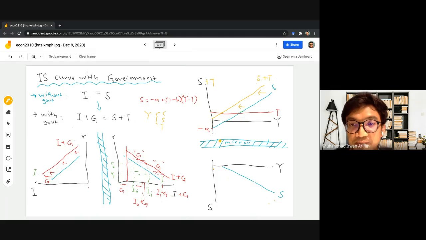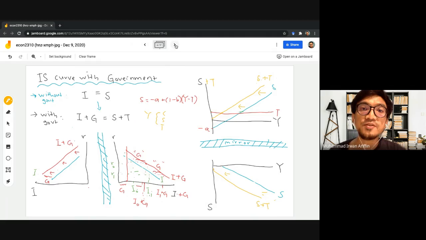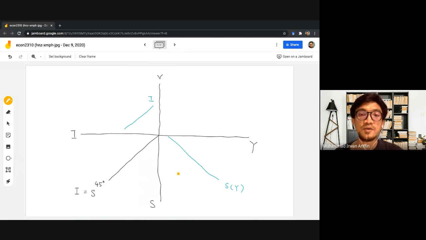Because we'll be using the 4-quadrant framework, our new leakage, which consists of saving and tax, would be shifted to the left. Now let's see how it looks when we use the 4-quadrant framework. Based on our previous discussion, with the introduction of government expenditure, our investment schedule would move to the left in this 4-quadrant framework.